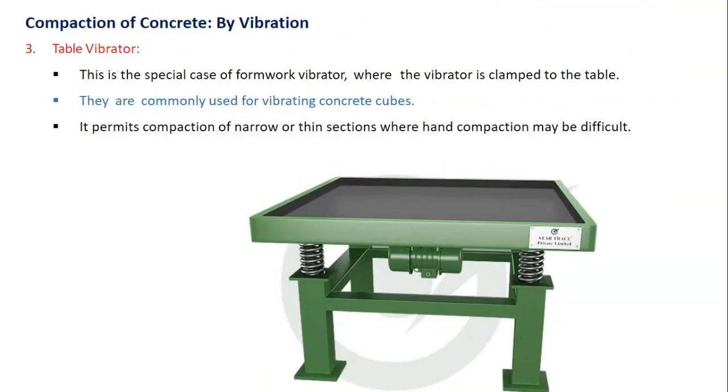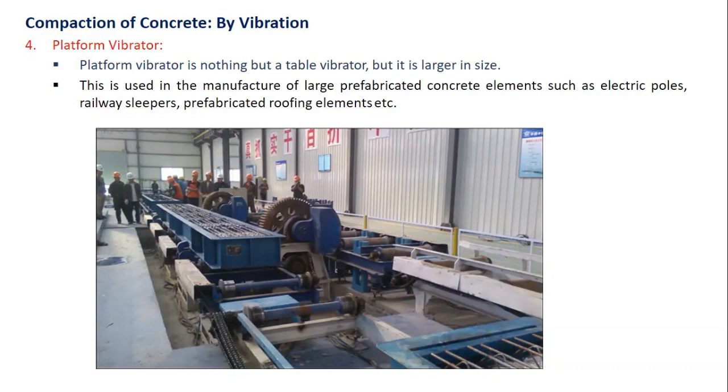And the other one is the table vibrator. This table vibrator is a machine that is used to vibrate the concrete. This is the most commonly used machine or manner of compaction when we are vibrating or compacting concrete cubes for testing purposes. And you can see in this image the fourth one, platform vibrators. These are something like table vibrators, but larger in size.